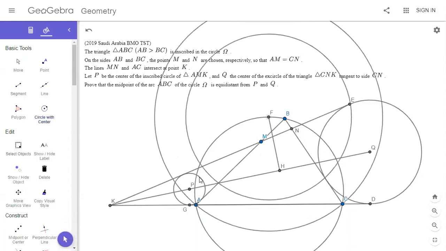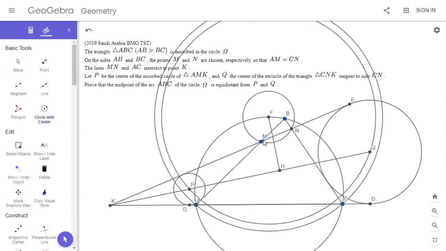So yeah, we have like 3 concentric circles basically.